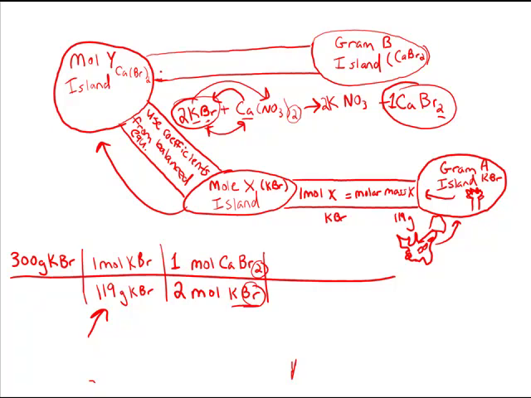And of course, when we're going from moles of calcium bromide to grams of calcium bromide, you have to have another ratio.